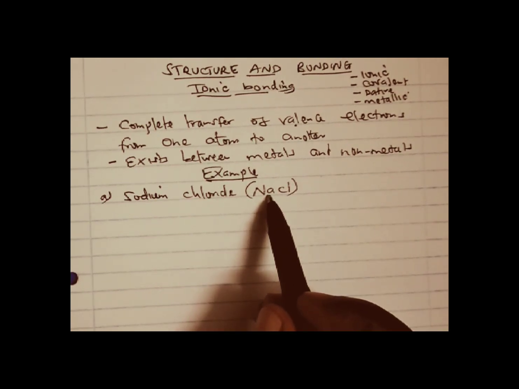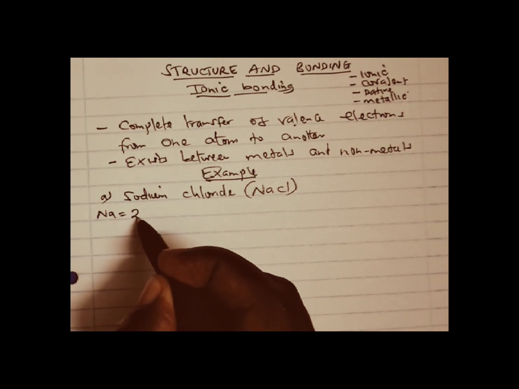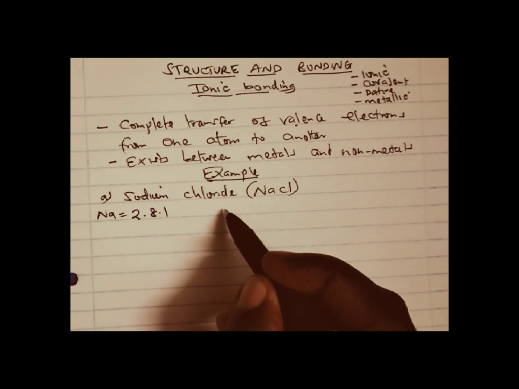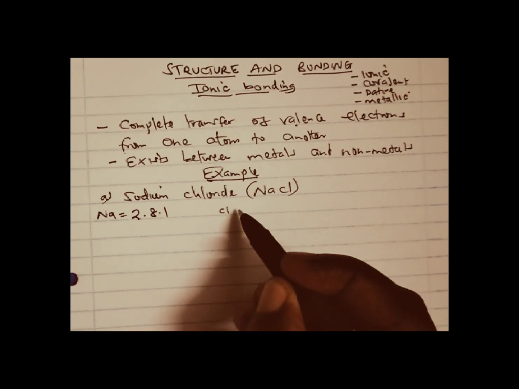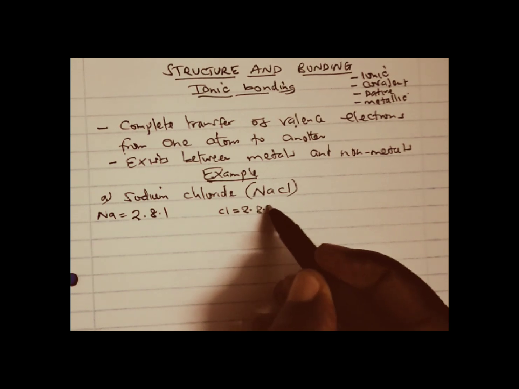Sodium is atomic number 11 with an electron arrangement of 2, 8, 1. We also have chlorine, atomic number 17, with an electron arrangement of 2, 8, 7.